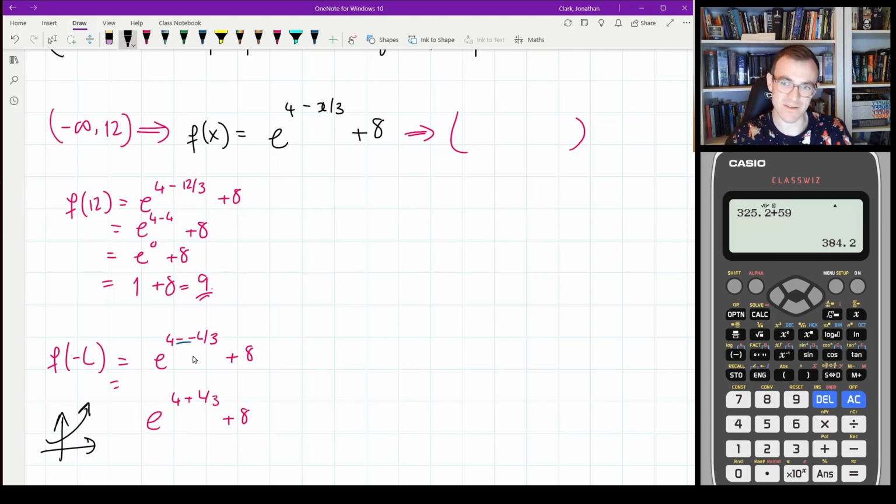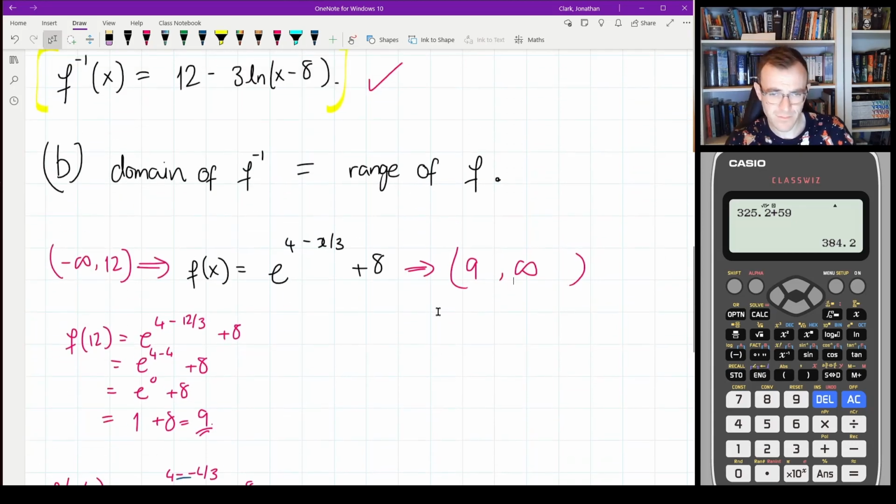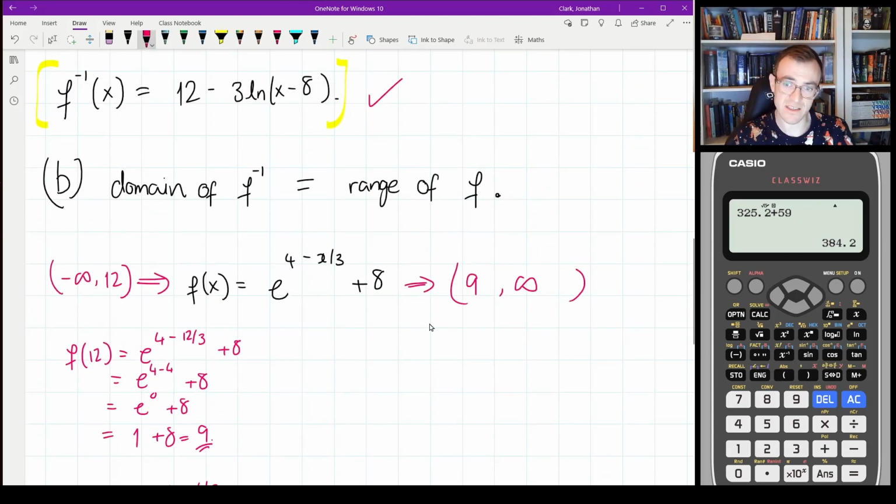So this isn't going to be bounded. This has no upper limit. So putting those bits together, the range of the original function is 9 to infinity, and therefore as an extension that is also the domain of the inverse function. That's the paper. Whew, what a fun time.